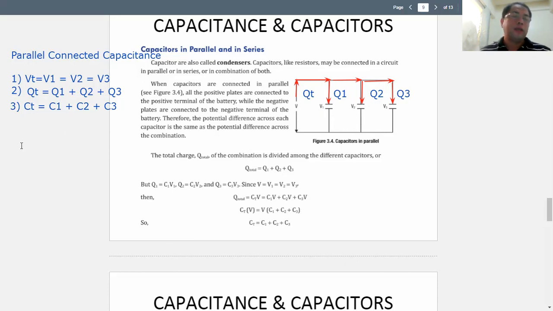So if you will give values, V sub T is our total voltage. V1 is the voltage of capacitor 1.